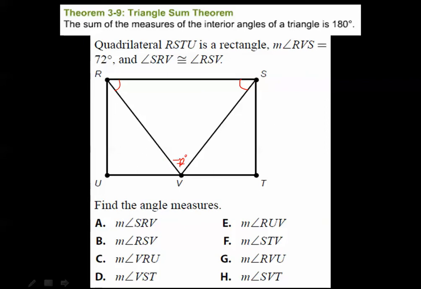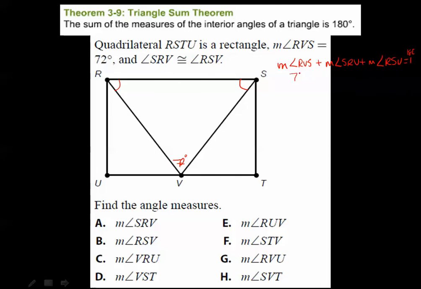And then they want us to find all these angle measures. Well, I'm just going to start from what I know right here. All these angles measure up to 180. So you could say that the measure of RVS plus the measure of SRV plus the measure of RSV, I just ran out of room, equal 180.